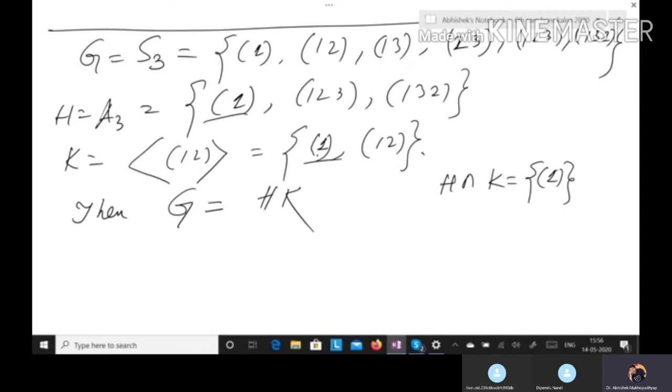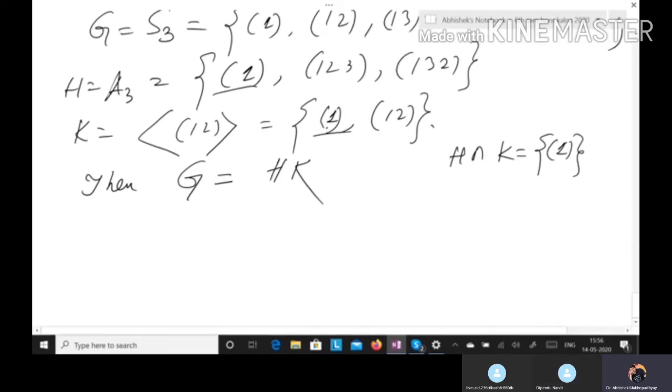What is the reason? The reason is that A3 is a subgroup of S3 of index 2.